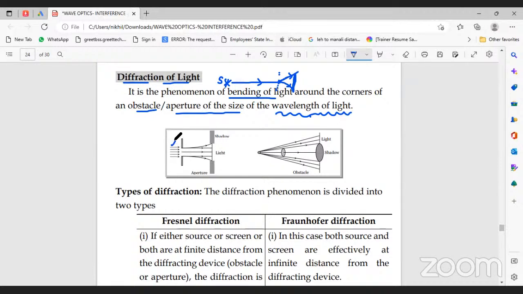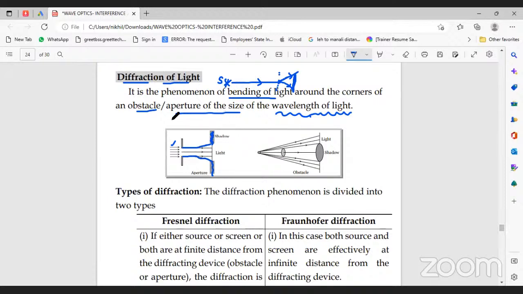You can see the concepts here. These are the light rays which are going to be incident on the slit. At the edges, the ray is going to bend like this. After bending, it forms a shadow here. This phenomenon is what we call the diffraction of light.